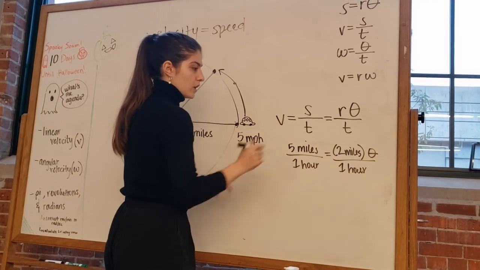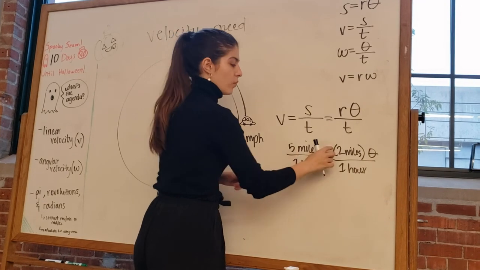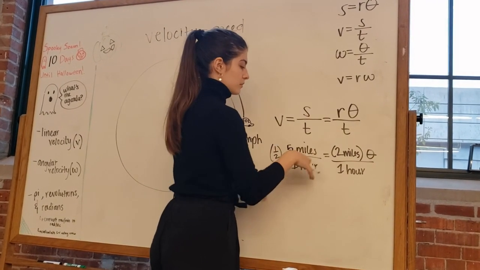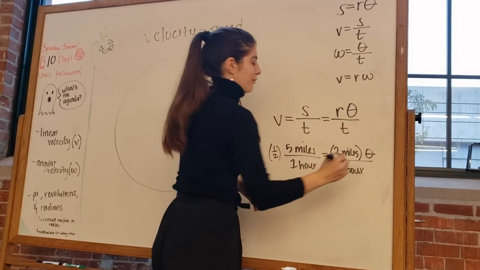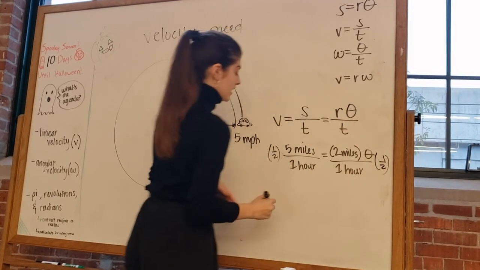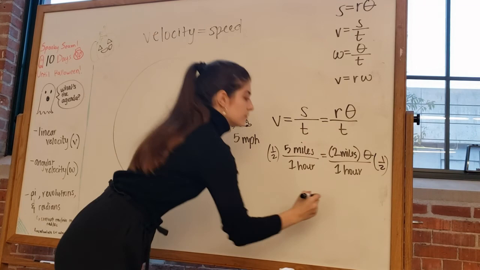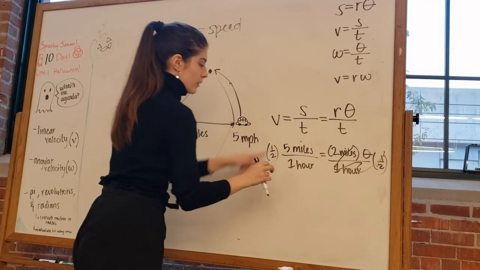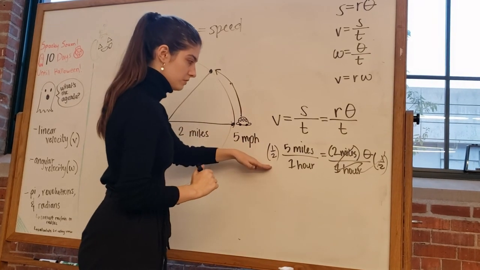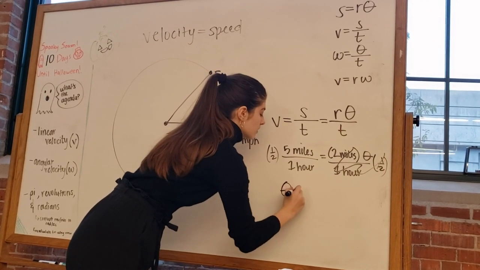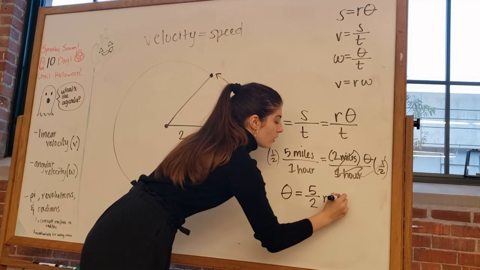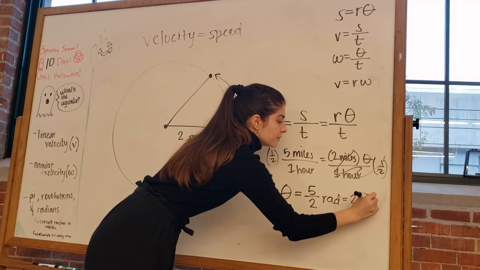All right? So now we're going to multiply both sides by 1/2 to get theta by itself. So then theta, right? All this stuff would cross out, and then we would just be left with 5 over 2. Okay, so theta equals 5 over 2 radians, or 2.5 rad.